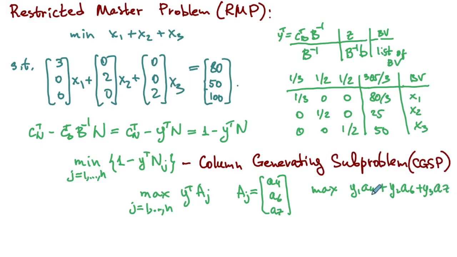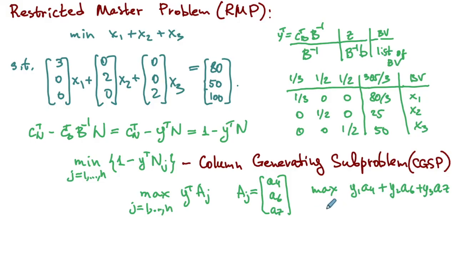And of course a4, a6 and a7 are the variables here, so we are trying to determine the cut pattern that we want to add to the mix here. And in order for a4, a6 and a7 to constitute a cut pattern, we need to make sure that the total amount that we cut does not exceed the width of our board, which is 15, right?